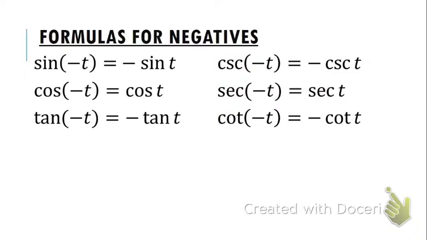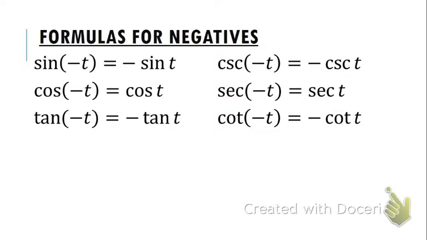Cosine is exactly the same either way, clockwise or counterclockwise. And then tangent, we have the same relationship as we do with sine.